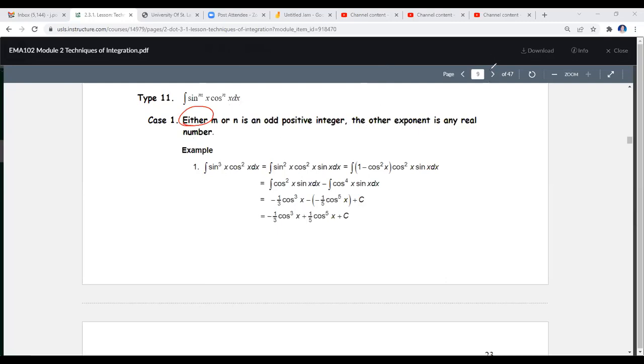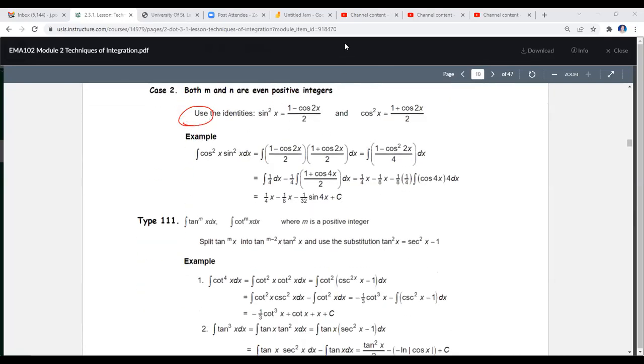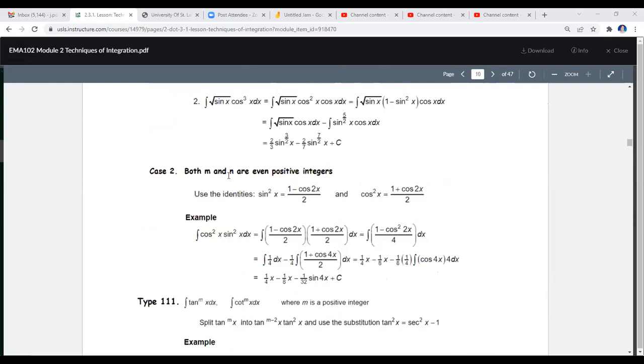Case 2 is different. If you look at case 2, it says both. Not either, but both m and n are even positive integers. So this is quite similar to type 1, case 2.